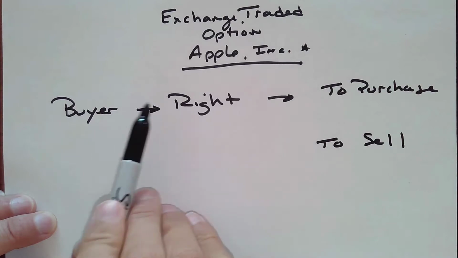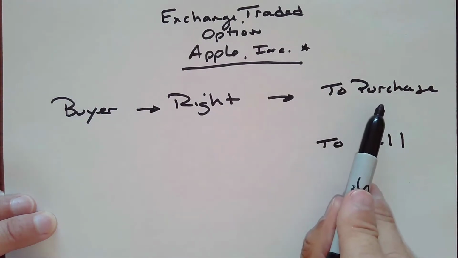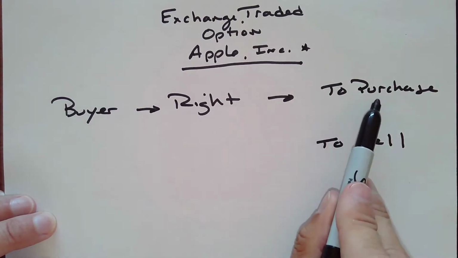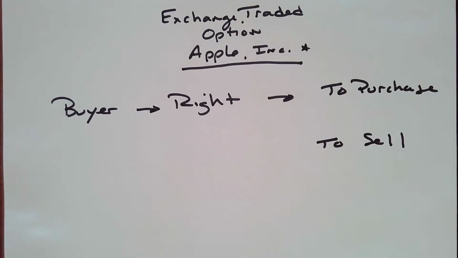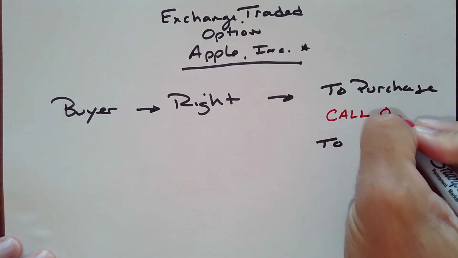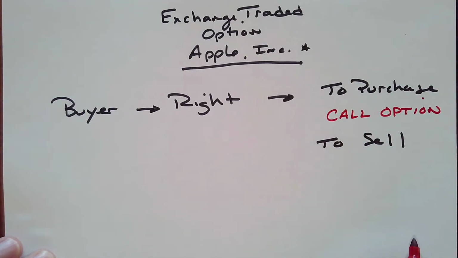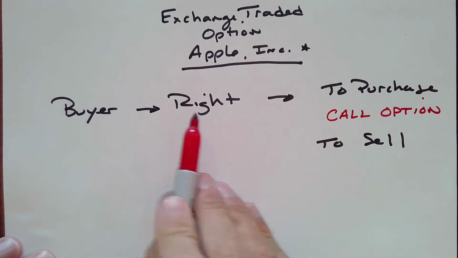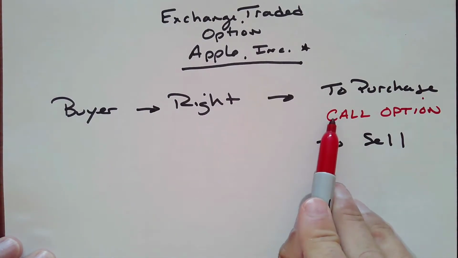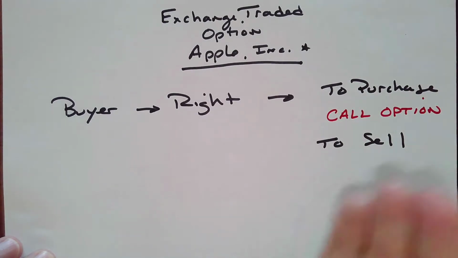Right? So we refer to this buyer, this right, we refer to that as a call option. And when the buyer has the right to sell, so they have a right to call, that means they get a right to call the shares to them, purchase the shares.